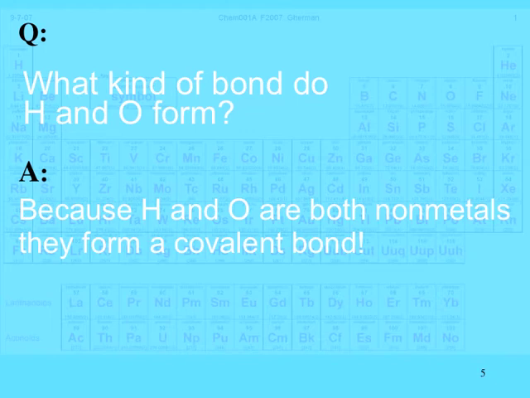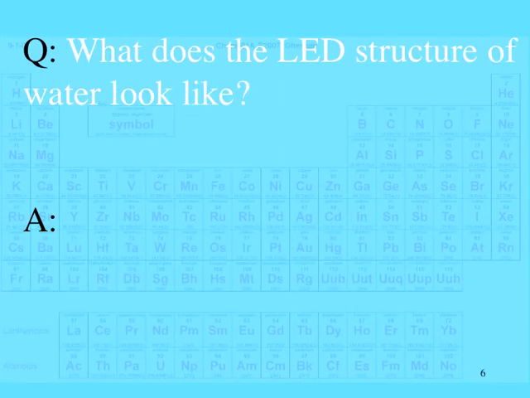So they bond covalently. So knowing that, what does the Lewis electron dot structure of water look like then? So H2O, so there's two H's and an O. O, oxygen, has 6 valence electrons. Each of the hydrogens has 1, so we can find the hydrogen way over on the left-hand side of the table, and oxygen's over on the right.